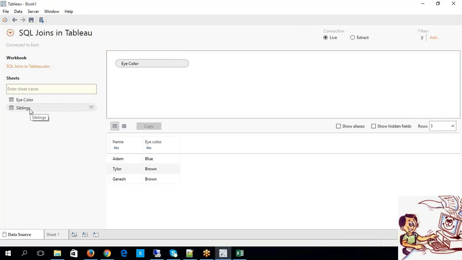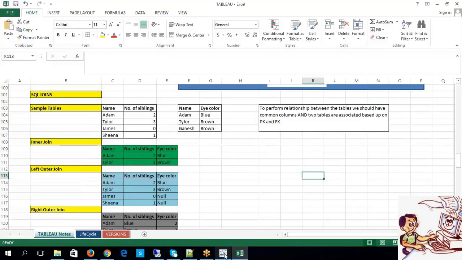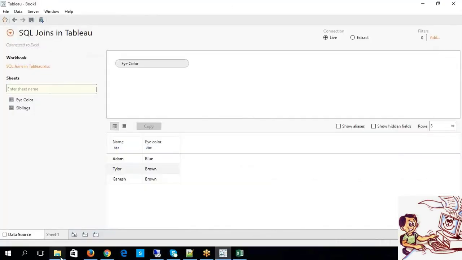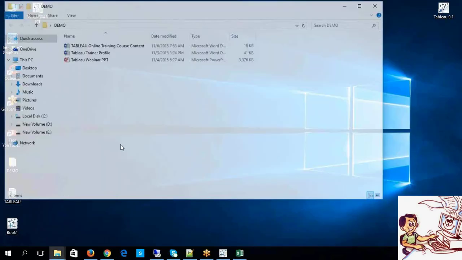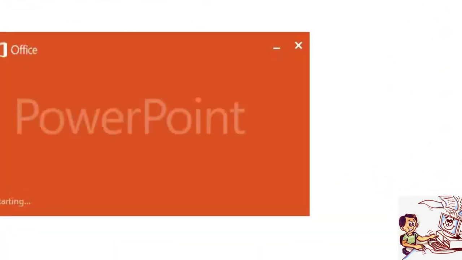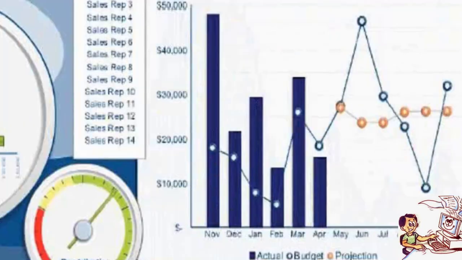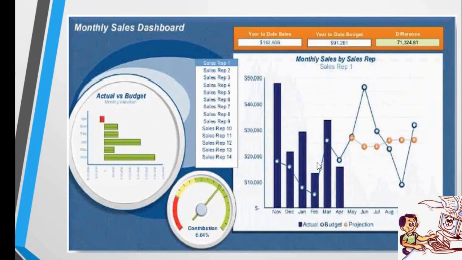Always, a report will have consolidated data. For example, let's say I have a Tableau report. Do you think that the whole report is generated from only one table? No. A report will have data from different sets of tables.